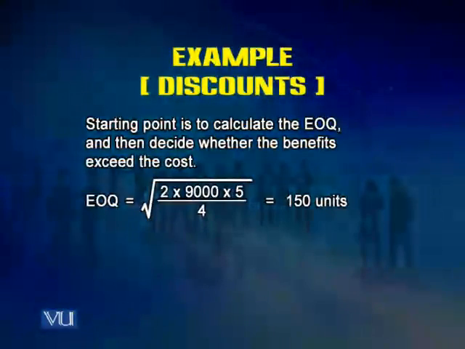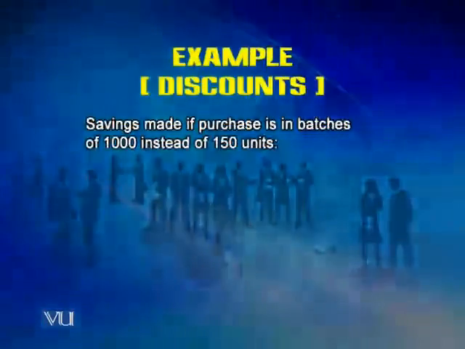This quantity is 150 units. The basis, first of all, is to arrive at this EOQ, and secondly, we can then look at the difference it will make to avail the discount.